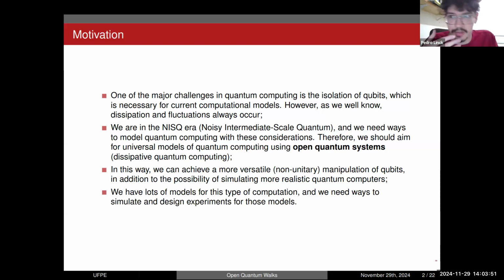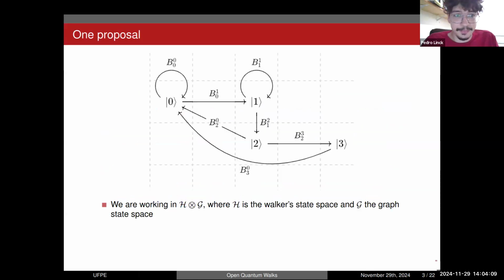And we have a lot of models for this type of computation. The model which I am going to talk about today is the model of open quantum walks, with which, as was said, Francesco is quite familiar. The proposal for the open quantum walk model is essentially this. You have the walk space, or better said, the graph space.